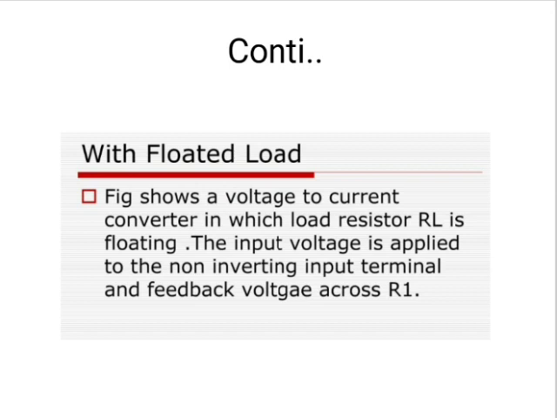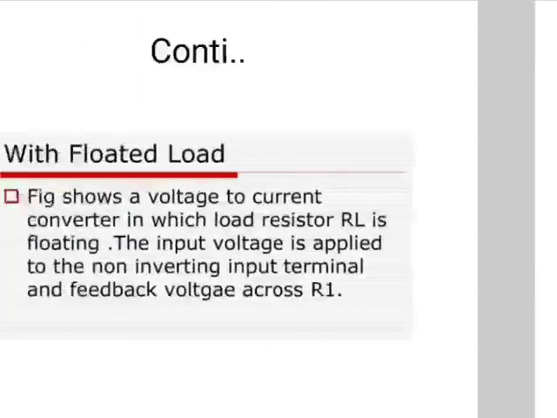So Vin is applied to the non-inverting input terminal and the feedback voltage across the R1 is applied to the inverting input terminal. This circuit is also called the current series negative feedback amplifier because the feedback voltage across the R1 depends on the output current I0 and it is in series with the input difference voltage VID.